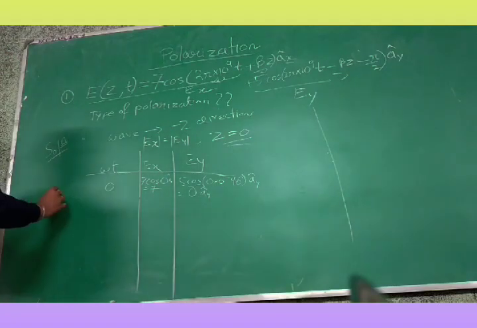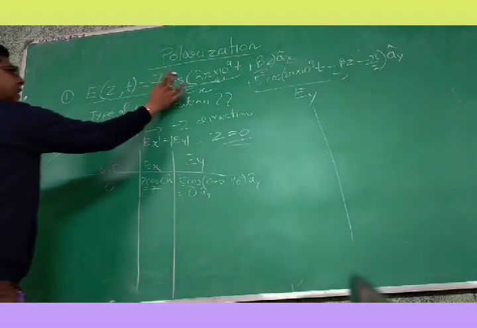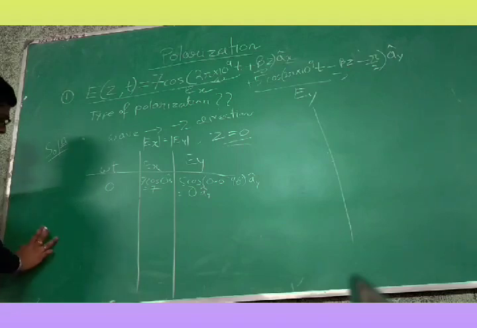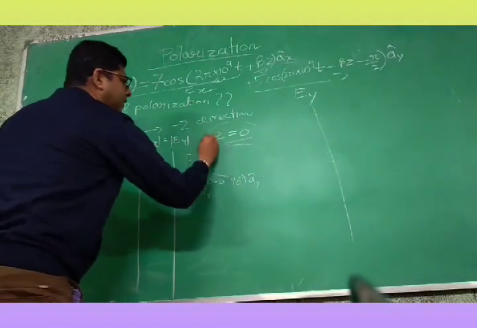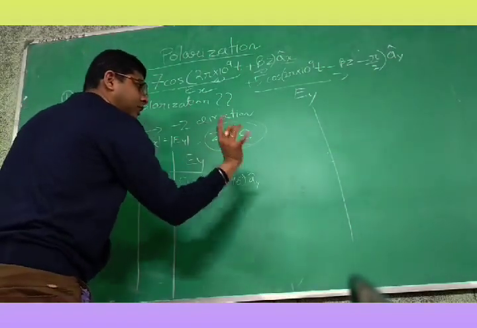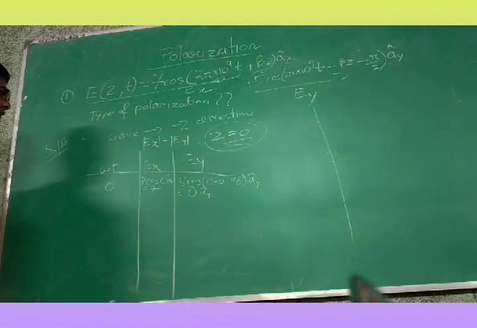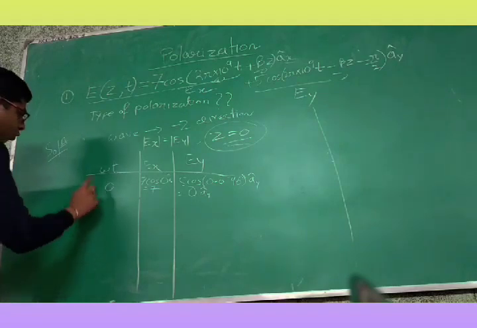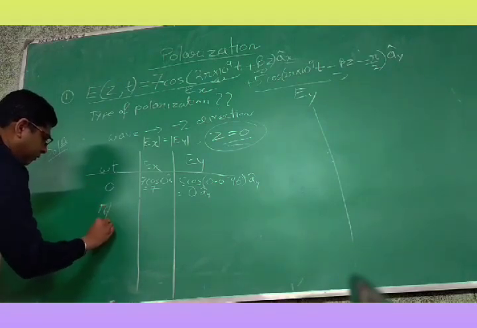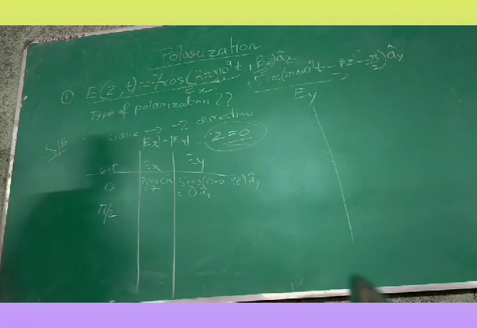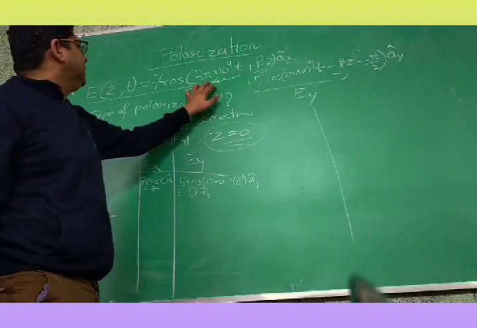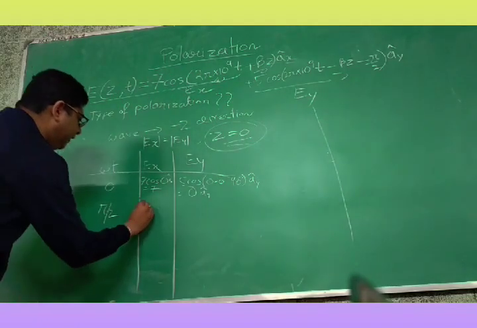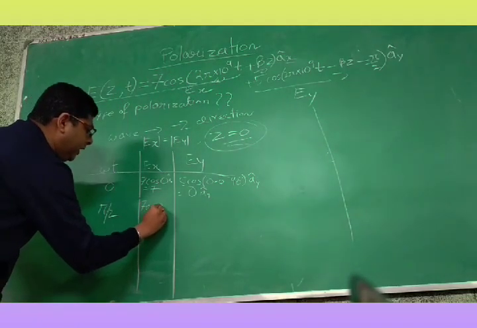For the sake of simplicity, you can write this Ex separately here and Ey separately here. If you find any difficulty, remember once again I am repeating, we have taken z equal to 0. Now let us take omega t is equal to pi by 2. So that means 7 cos 90 degree.